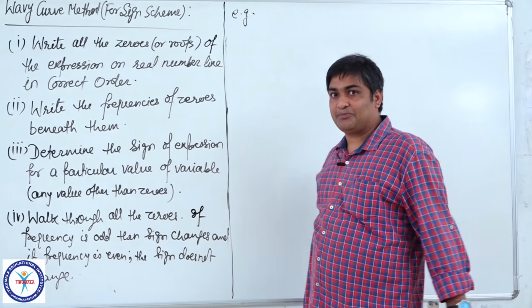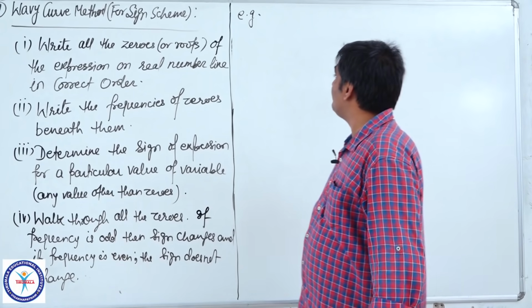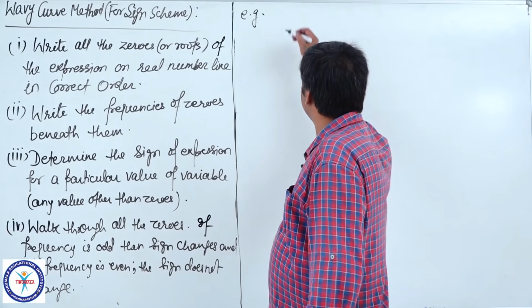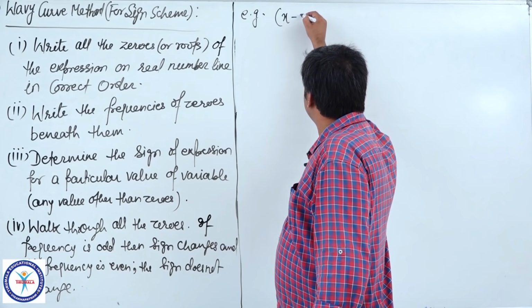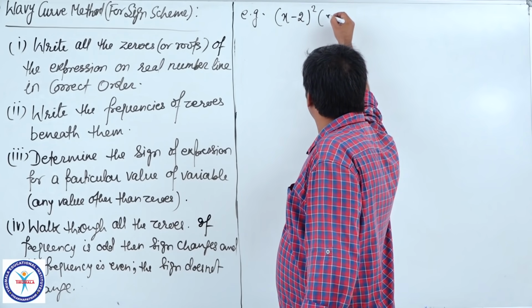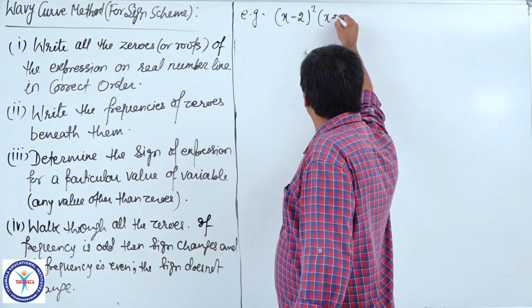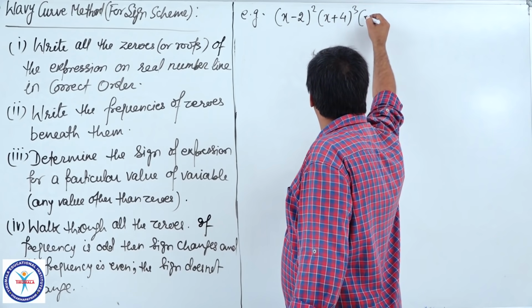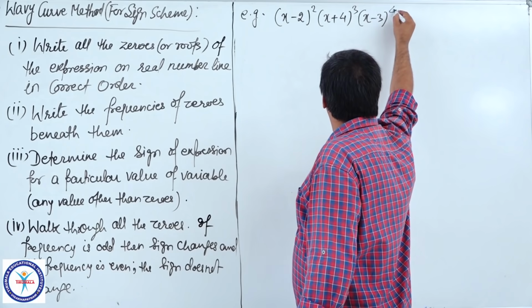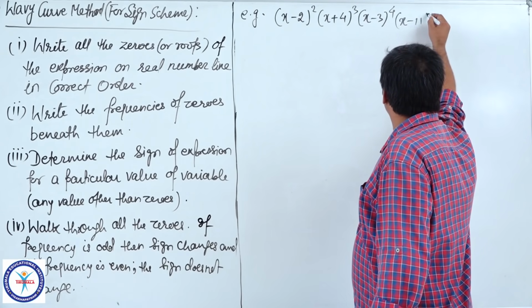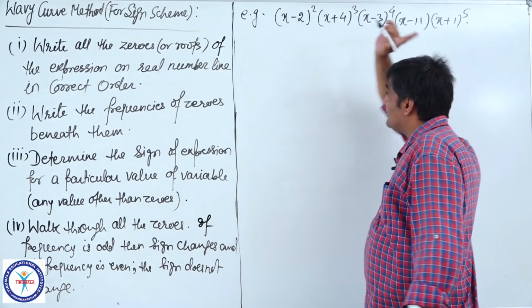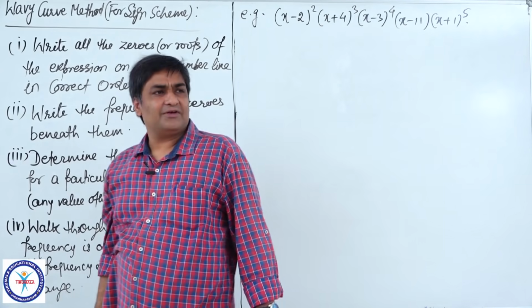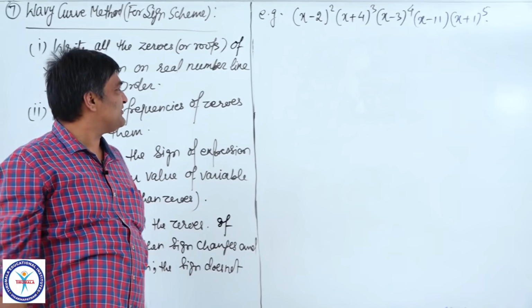Now take an example. For example, see, x minus 2 whole square, x plus 4 whole cube, x minus 3 power 4, x minus 11, x plus 1 power 5. Suppose this is an expression.